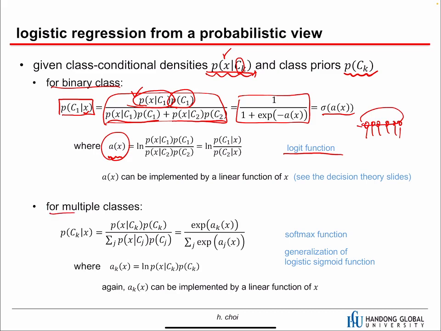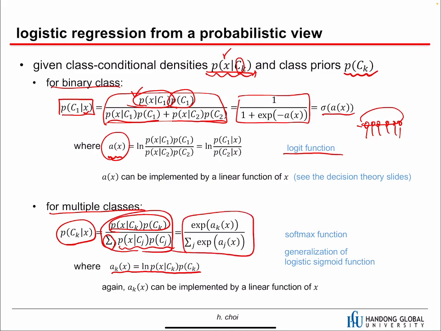And for multiple classes, we do the same thing here. So we are interested in class k, and then this is the target class, and we need a summation over all the classes. If we define a sub k of x in this way, then this whole equation can be rewritten in this way.